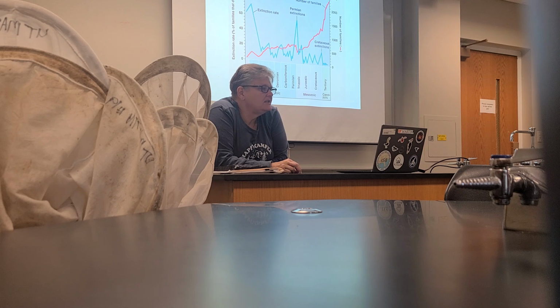And so depending on the level of taxonomy, you get some different looking graphs. You still get the extinction peaks, of course. That red line showing number of families is referring to that. So it depends on how we classify different types of things.